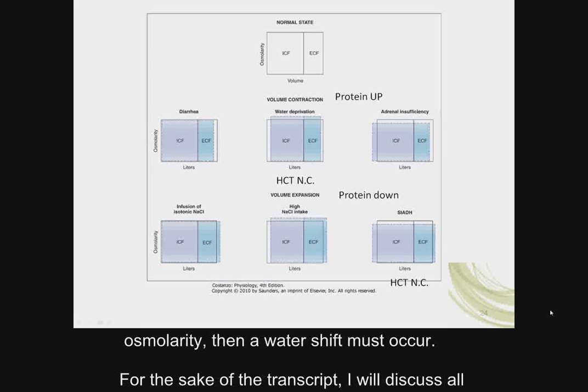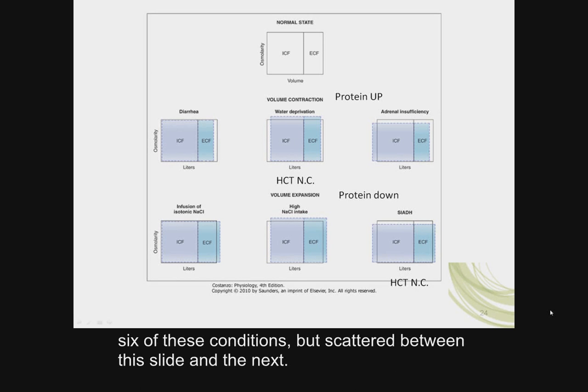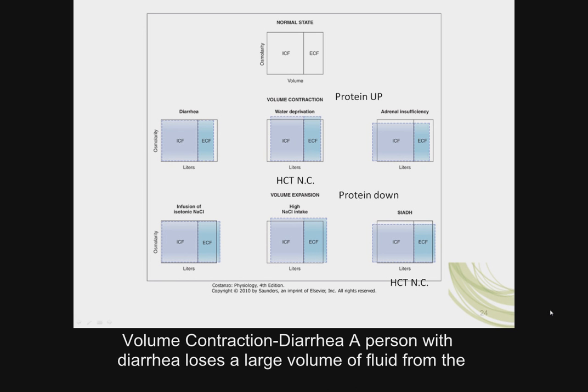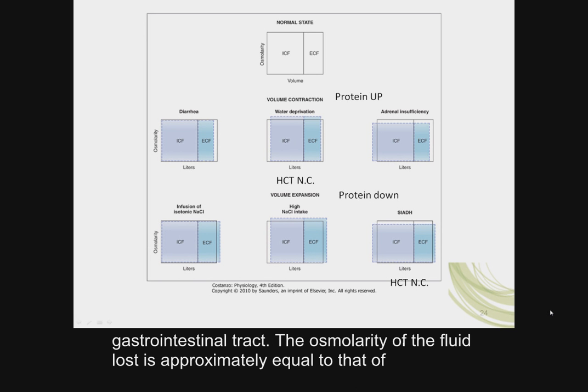Let's discuss isoosmotic volume contraction, like diarrhea. A person with diarrhea loses a large volume of fluid from the gastrointestinal tract. The osmolarity of the fluid is approximately equal to that of the extracellular fluid, that is, it is isoosmotic. Thus, the disturbance in diarrhea is a loss of isoosmotic fluid from the ECF.